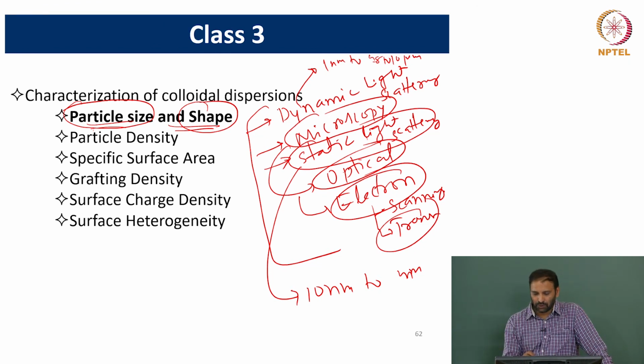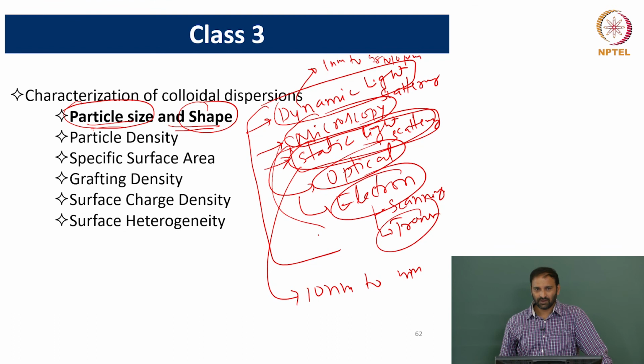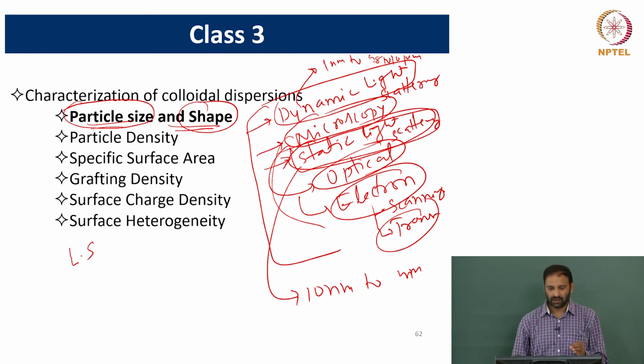So I just want to go back to these techniques. I said that people do dynamic light scattering, static light scattering, and these microscopy techniques. One very important difference between the light scattering techniques and microscopy techniques is that in microscopy, when you do your size analysis, you are focusing on a very small region of your sample.